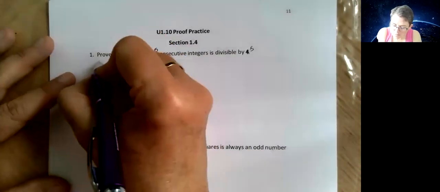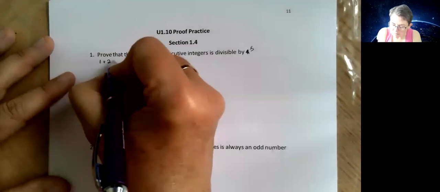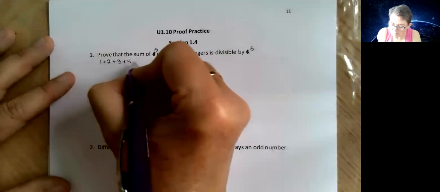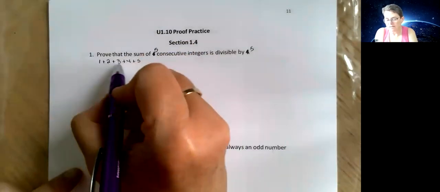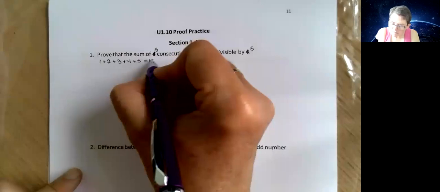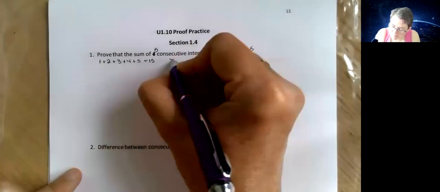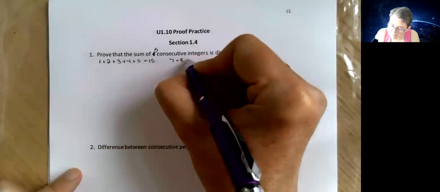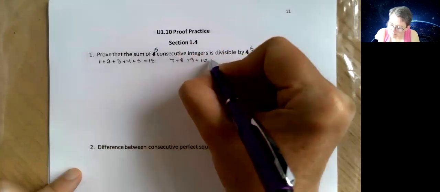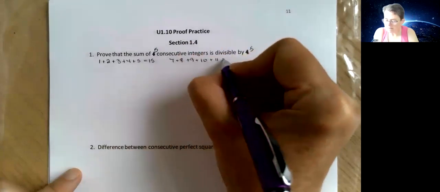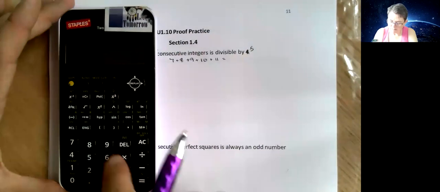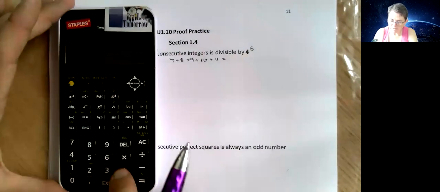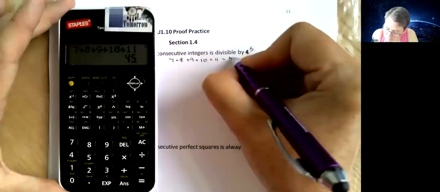So let's go 1 plus 2 plus 3 plus 4 plus 5. So that's 3, 6, 10, is 15. 7 plus 8 plus 9 plus 10 plus 11. All right, that's 45.